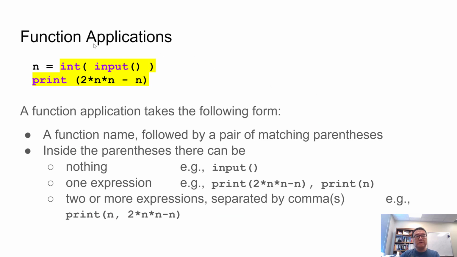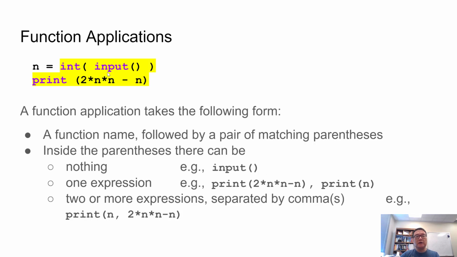So I want to emphasize this notion of function application. A function application is an expression, and it takes the form of a function name, which will be this int here, or input here, followed by a pair of matching parentheses. For int, it's this parenthesis and this one, these two are matching. And inside, it will be either nothing, in the case of input, or one expression.